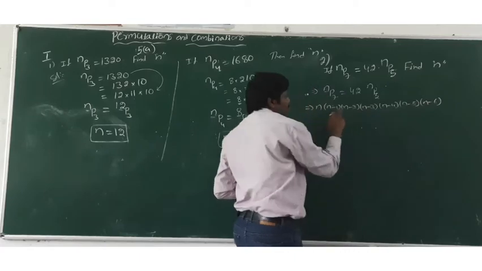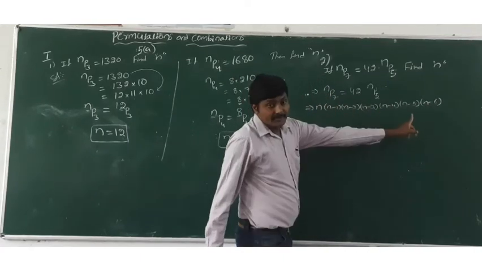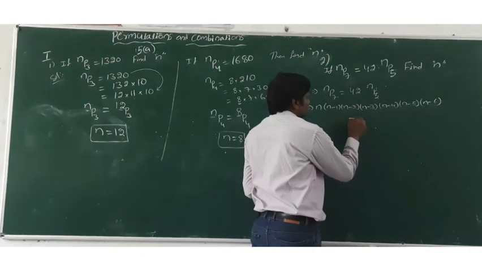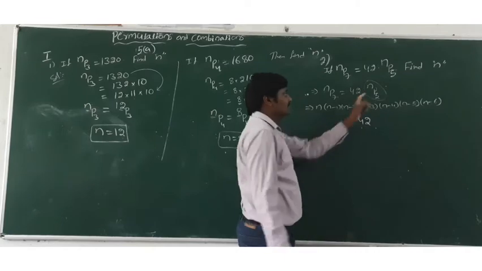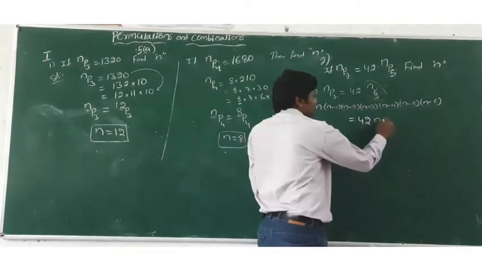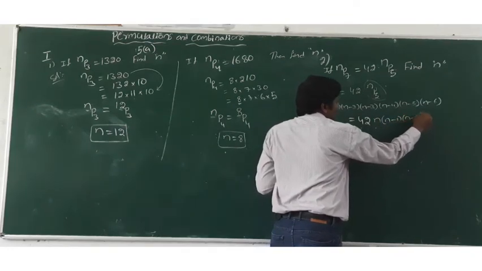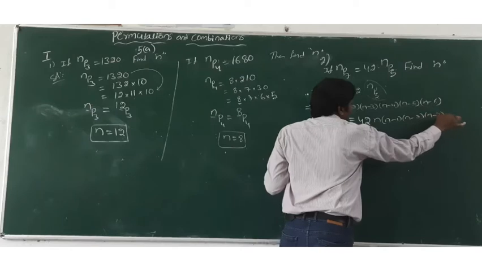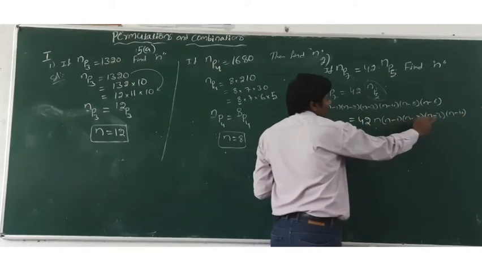That is 1, 2, 3, 4, 5, 6, 7 terms, is equal to 42 into nP5. nP5 means starting with n, write the 5 consecutive terms: n, n minus 1, n minus 2, n minus 3, n minus 4.